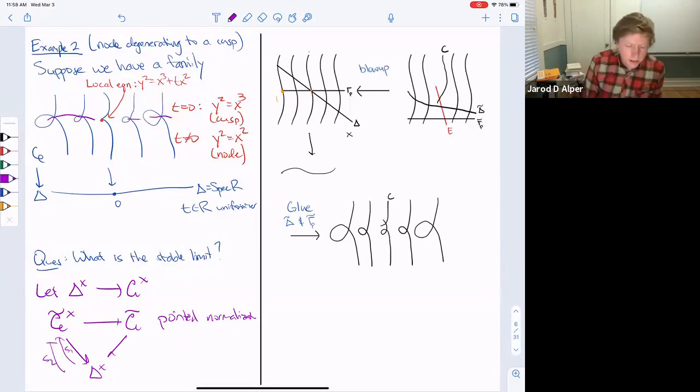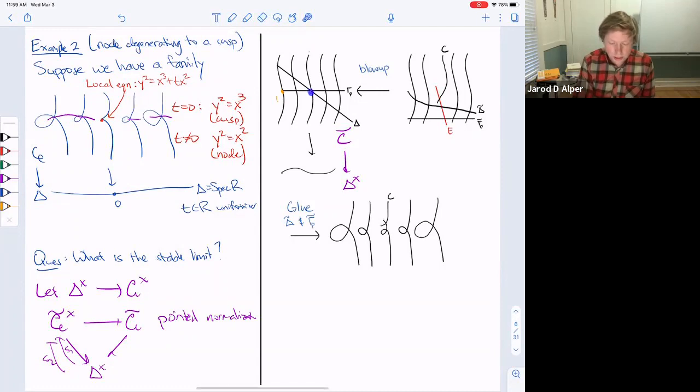And then if you consider this, this is what I've tried to draw on the right-hand side here, this is C star over maybe delta star, and when you do this pointed normalization, you can fill in these sections in the total family. It's just that they intersect at this point here.